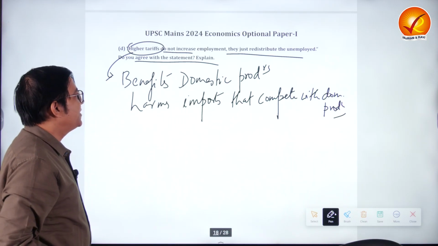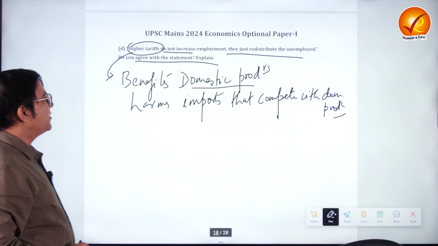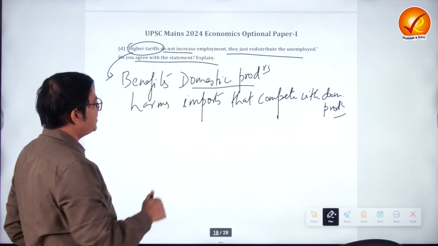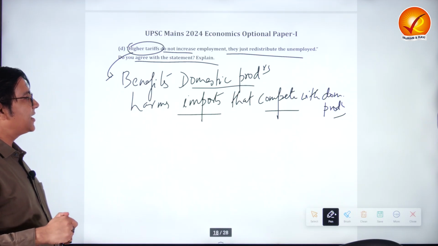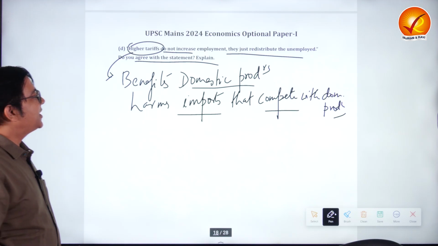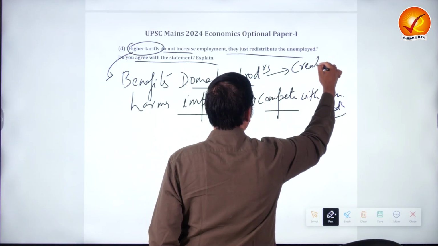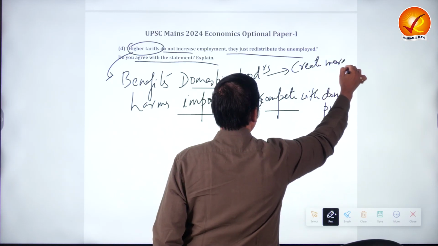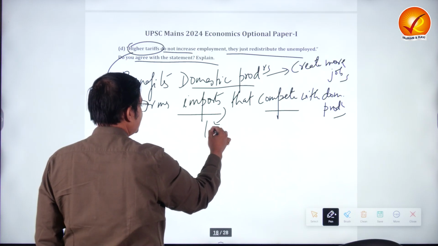For example, if I talk of say steel making producers domestically, it will benefit the domestic steel companies and harm the steel companies which are exporting those steel to us, or we are importing it. So that way the domestic producers can create more jobs. However, there will be lesser jobs in these areas.